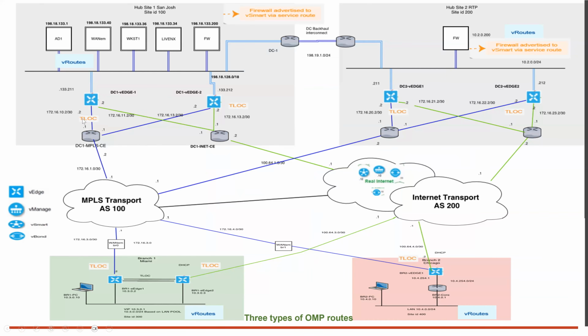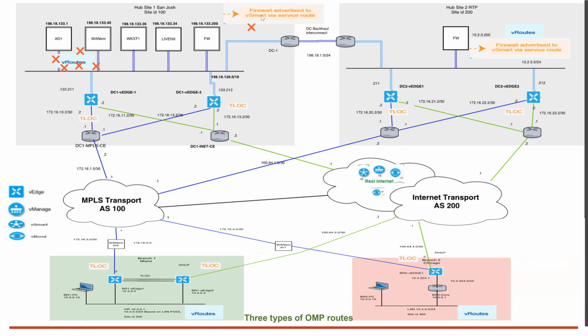That is also explained here. In this diagram you can see TLOC, TLOC, TLOC, TLOC, and V-route, V-route, V-route. I need to highlight, otherwise I'll miss, so let me use the marker. These V-routes are nothing but the service routes.